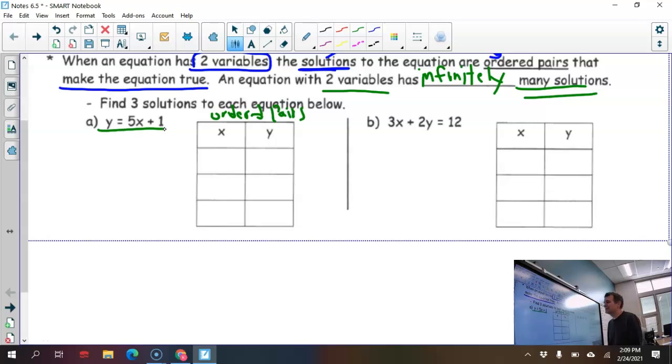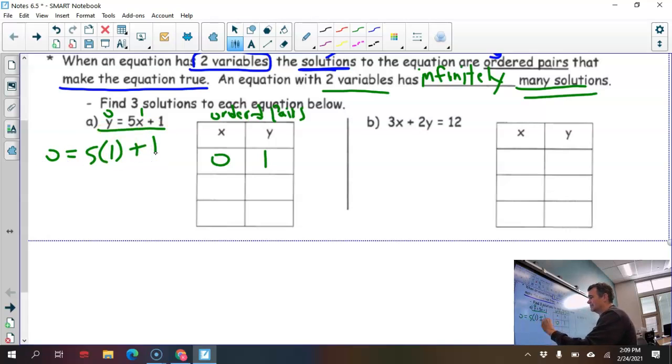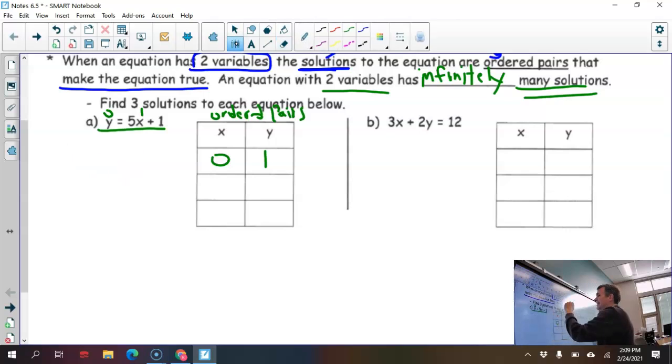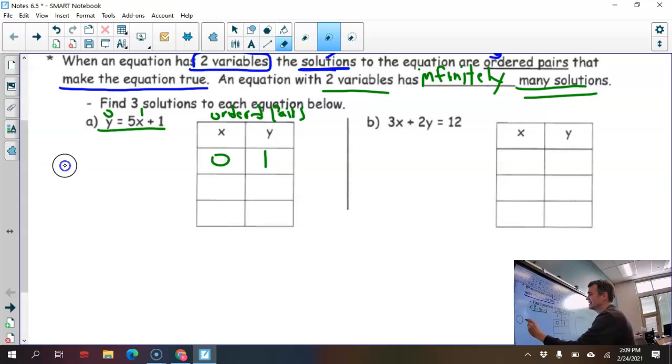So, a solution that makes it true. I claim if x equals 0, y would equal 1. And I can prove that that is an ordered pair that is a solution. If I put the 0 in for the y and the 1 in for the x, I would have 0 equals 5 times 1 plus 1. What have I done? I've done it wrong. Let me try this again.